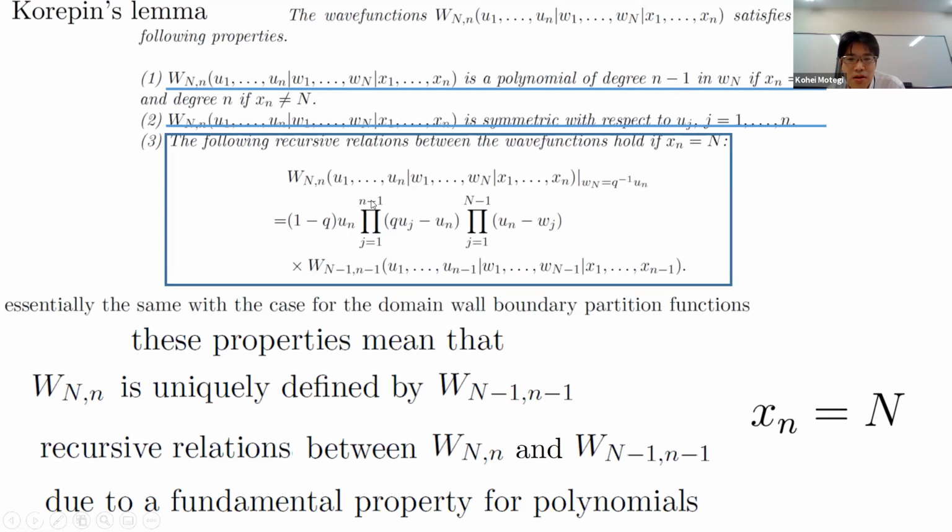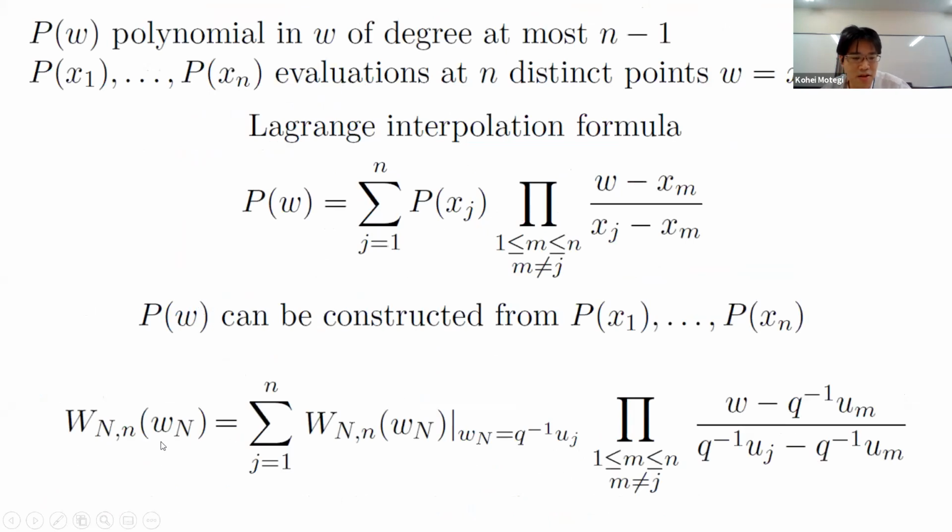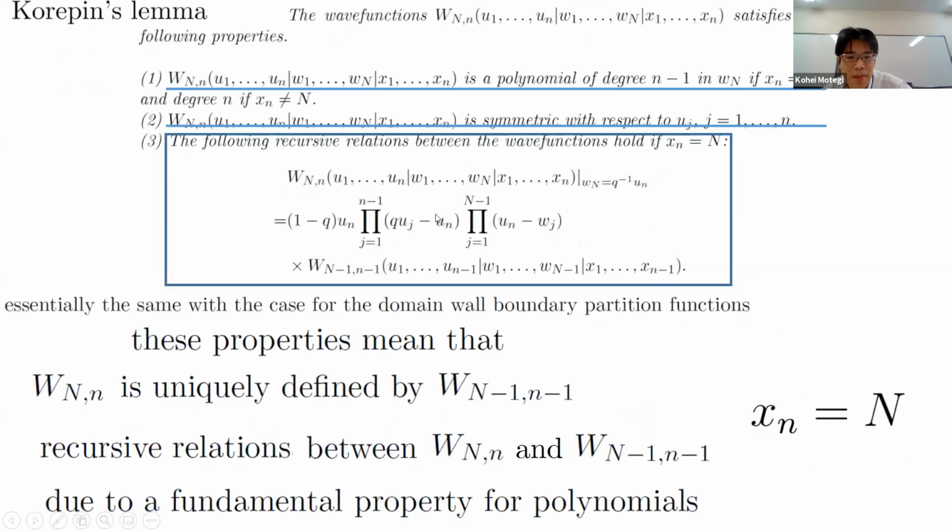And the third property says that if x n is equal to large N, then if you specialize this W large N to Q inverse times Uj, then this partition function can be expressed as a product of this over all factors and this smaller partition function.